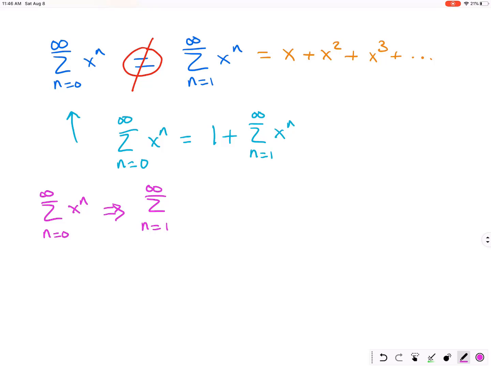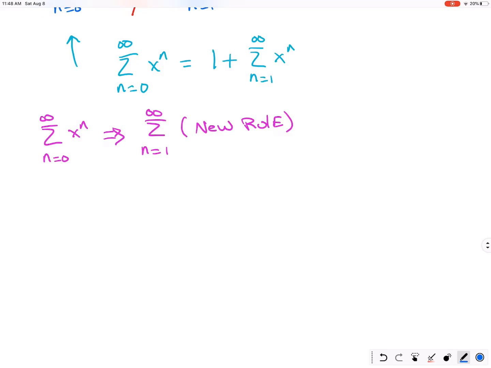I wanted to transform that, and I need a new rule to make this work. So then the question is, how do I find that new rule? So what I do is I think, well, I'm starting with n equals 0. That's what I'm starting with. And I want to transform that somehow to n equals 1. That's what we're trying to get.